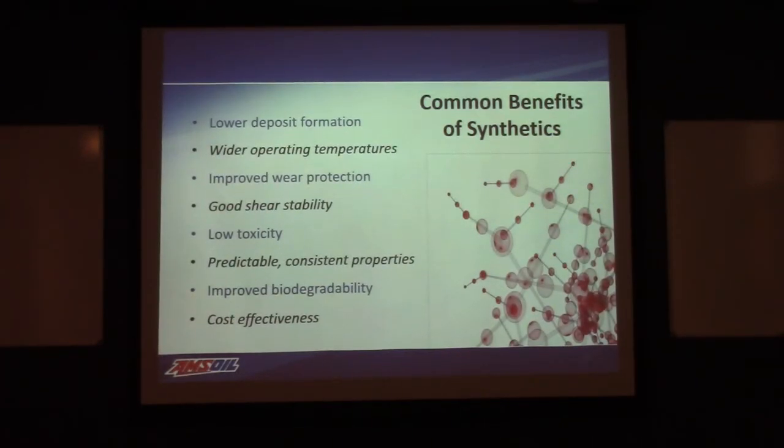We don't have that when we look at synthetics. We know before they're made exactly how they're going to function, what they're going to do, what they're not going to be able to do. We know all of that and how well they're going to be able to do these things. We know that ahead of time on it.